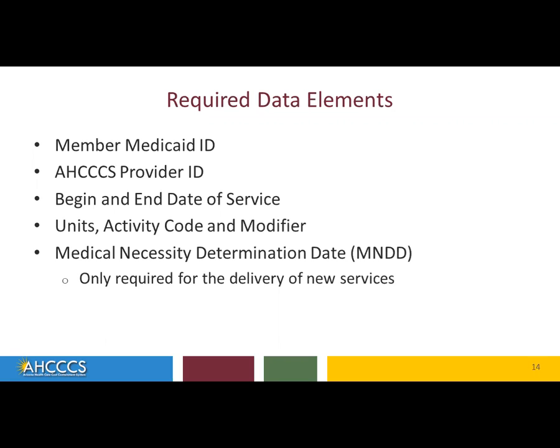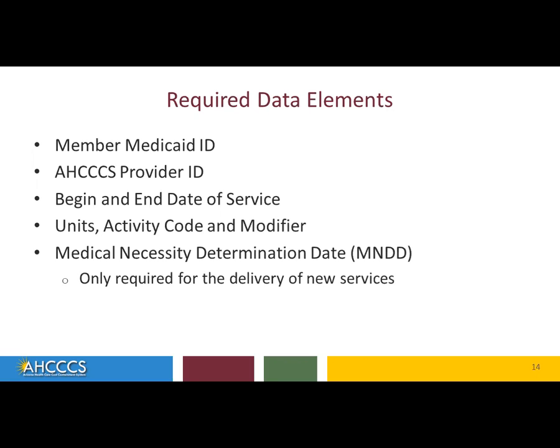Looking at these, those of you who are used to the authorization process will see that a lot of this information is generally considered in an authorization, which is kind of why we talk about this process as being a self-authorization process. You have the Medicaid member access ID. You have the access provider ID. As part of this, you include the begin date and the end date of service.